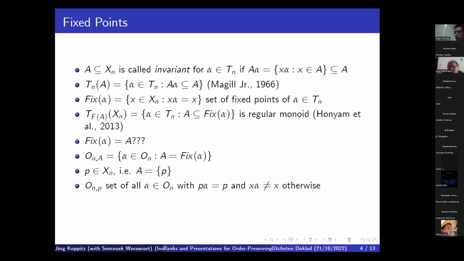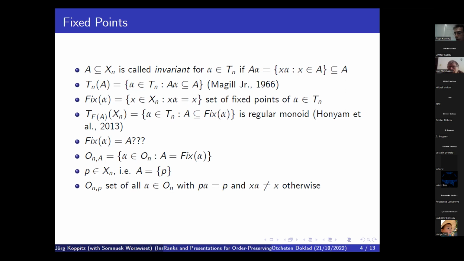then we have a particular case, namely the set that in this semigroup is denoted by O_N,P, the set of all order preserving transformations such that exactly P is the fixed point. That means for all other elements, image and input are different.